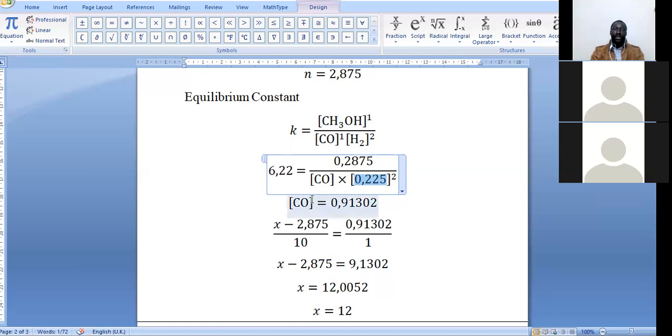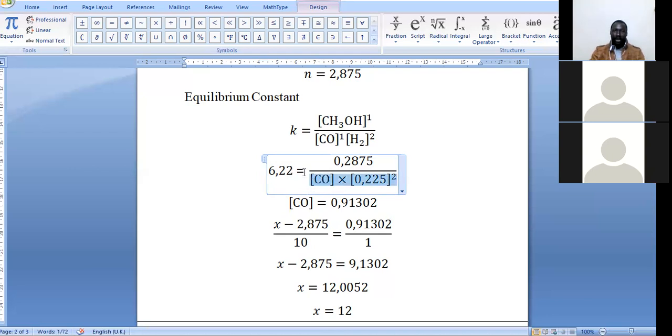Well, we just cross multiply, okay? Is this so confusing? I guess it's not, but if it is confusing, you just inbox me and I will explain it again as rough work. Otherwise, what I said here is, to find the concentration of carbon monoxide, you cross multiply. Now, cross multiplying in this case would require us to multiply the whole of this denominator by 6,22.